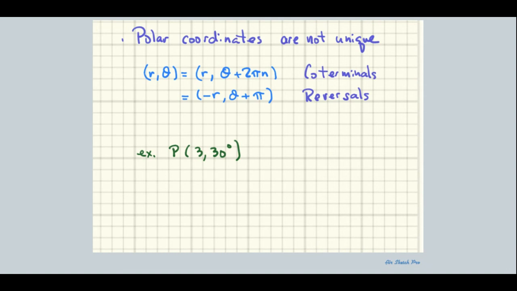And so this point at 330, that's the same as the point at, add 360, 390 degrees. Subtract 360, negative 330 degrees. And we can add multiples of 360 all the way around.